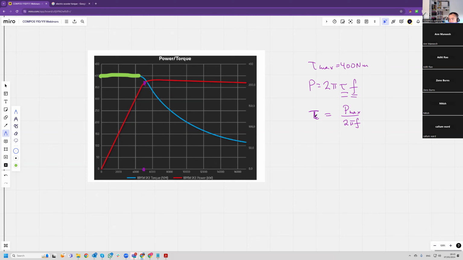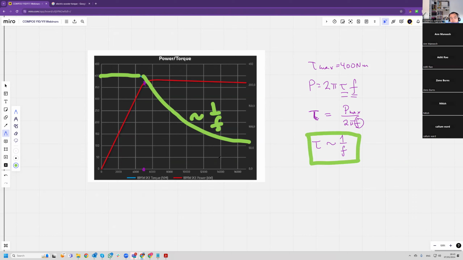So torque is inversely proportional to frequency, and this is what you can see here. All right. So tau is proportional to 1 over F once you reach maximum power. Right? Does that make sense?